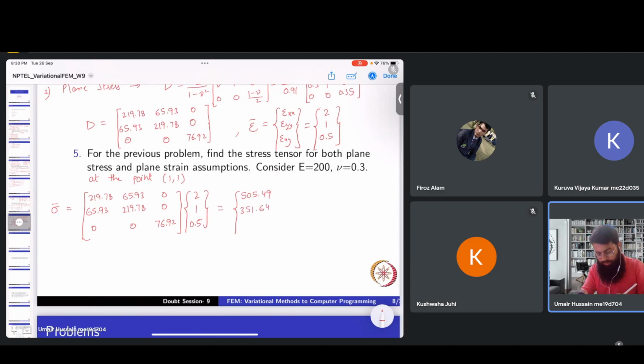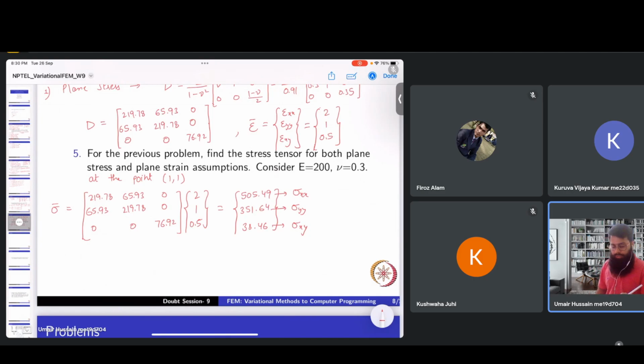Then the last term is just 76.92 into 0.5, which is 38.46. So this is our stress in x direction, this is our stress in y direction, and this is our shear stress in xy direction.